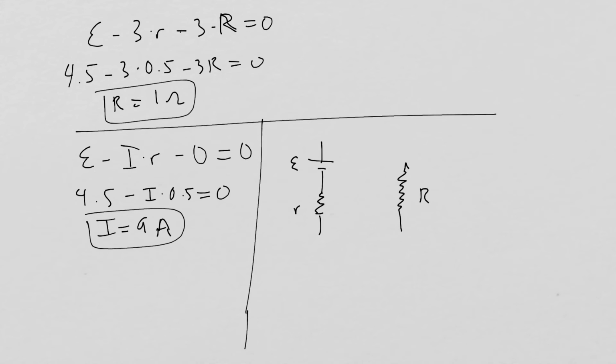I'm going to attach it on this side. You could also have attached it like this. That would be fine. Either one. The key is it has to be in parallel with either the battery and internal resistor, both, or the big resistor, capital R. Either one. And that's all there is to that one.